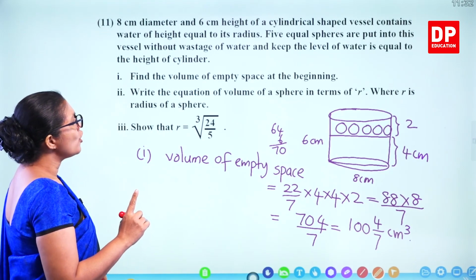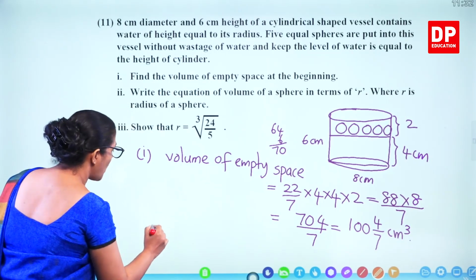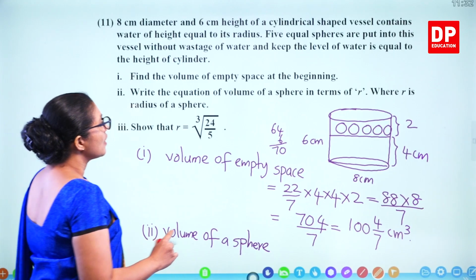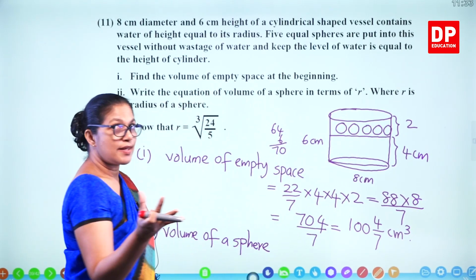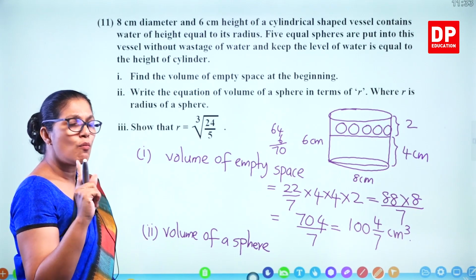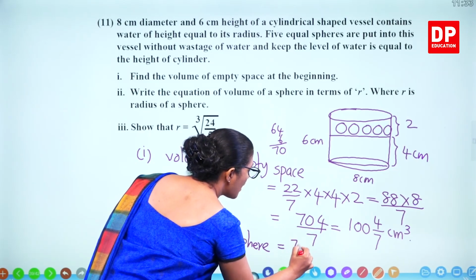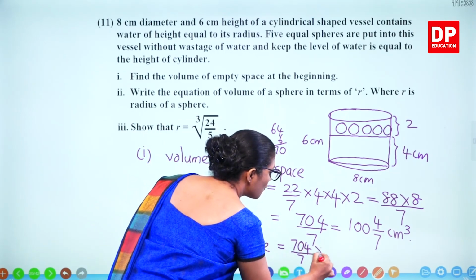Write the equation of volume of a sphere in terms of r, where r is the radius of a sphere. So what's the volume of a sphere? Volume of sphere. So that one is equal to 5 of this. So when you divide by 5, you get volume of a sphere. So take this amount, so 704 over 7, divide by 5. So 1 over 5.